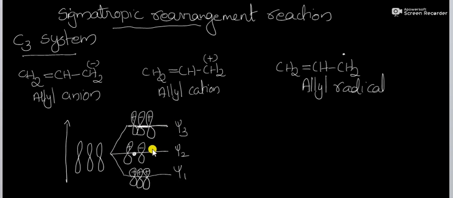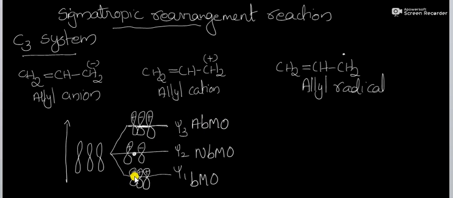And this is the non-bonding molecular orbital. Non-bonding molecular orbital means an orbital having the same energy as the atomic orbitals. That is called a non-bonding molecular orbital. This is the bonding molecular orbital, this is the non-bonding molecular orbital, and Psi3 is the anti-bonding molecular orbital.